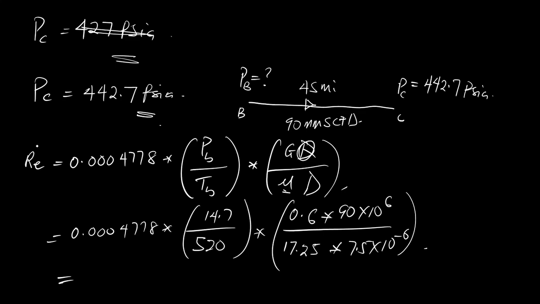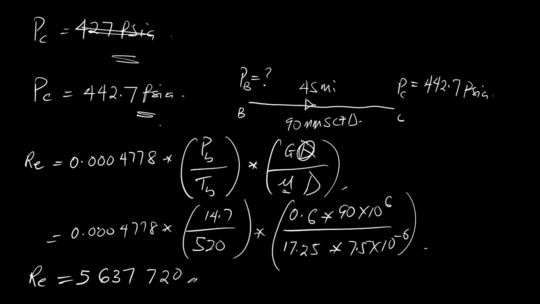Now what we have here is 5,637,720. So the Reynolds number is this. Now let me write it down so that I won't go back to it again.